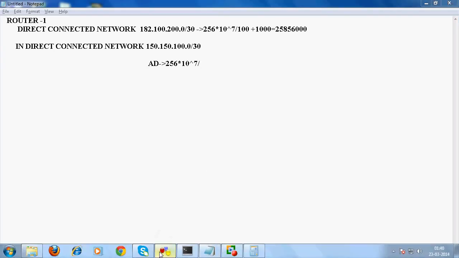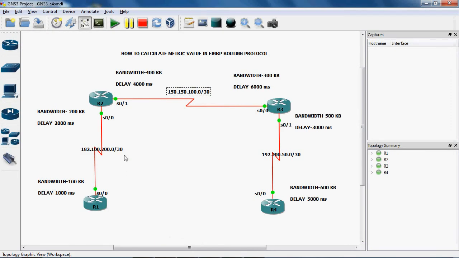So now we find the advertised distance. For the R1 router, 150.150.100.0/30 is an indirect network. So now the R1 router finds this network, and we find the advertised distance.